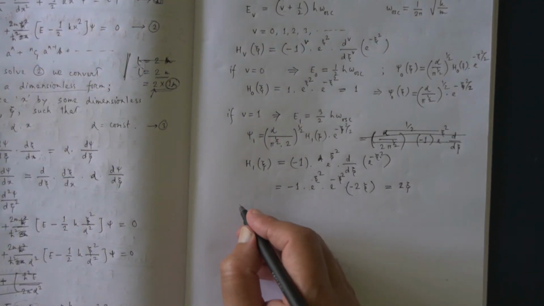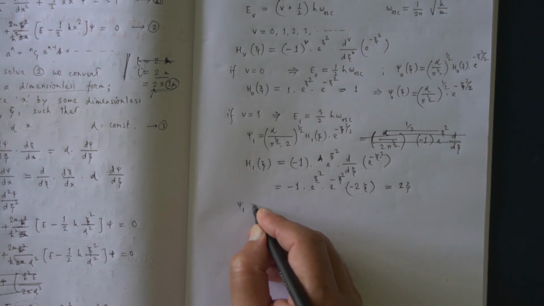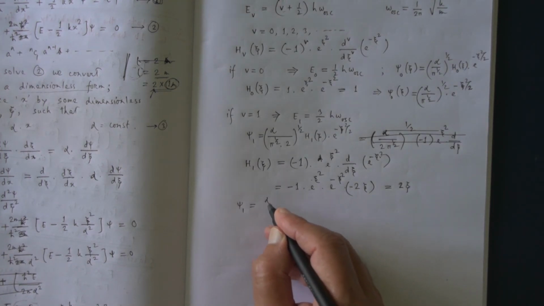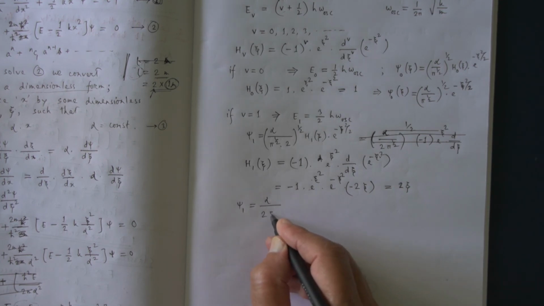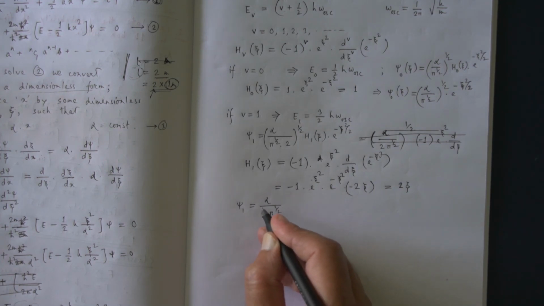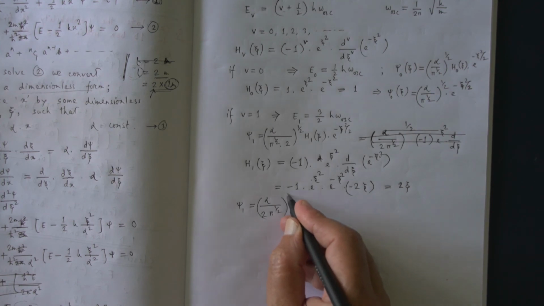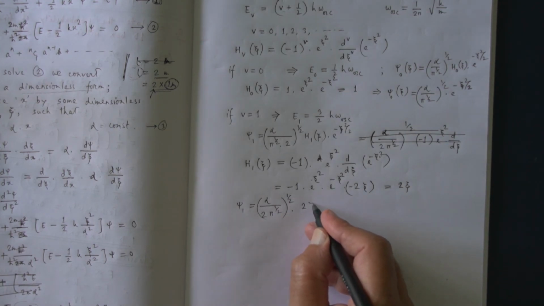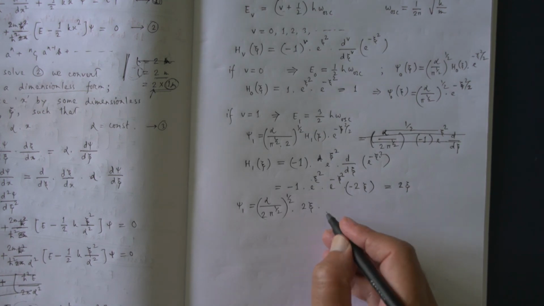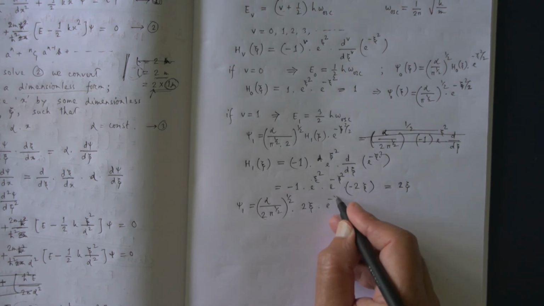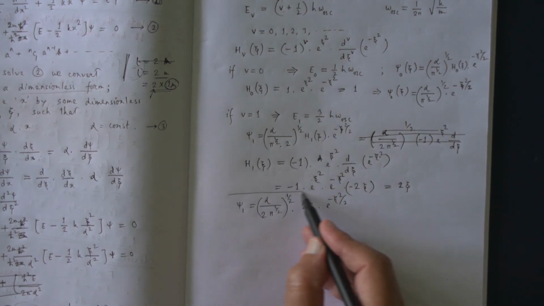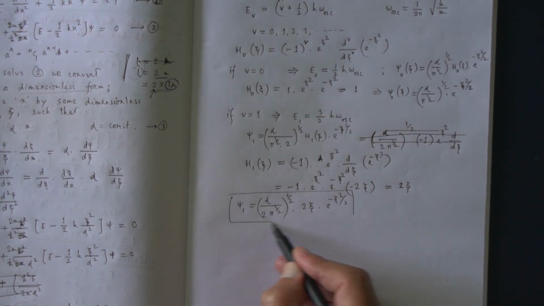So psi 1 equal to alpha, 2 pi to the power half, whole to the power half, 2 xi into e to the power minus xi square by 2. Okay, so we are getting this.